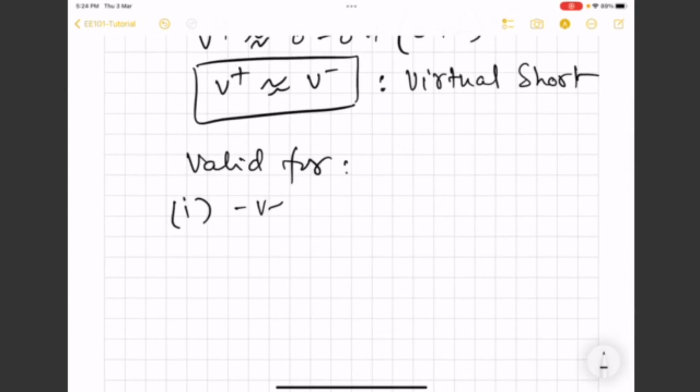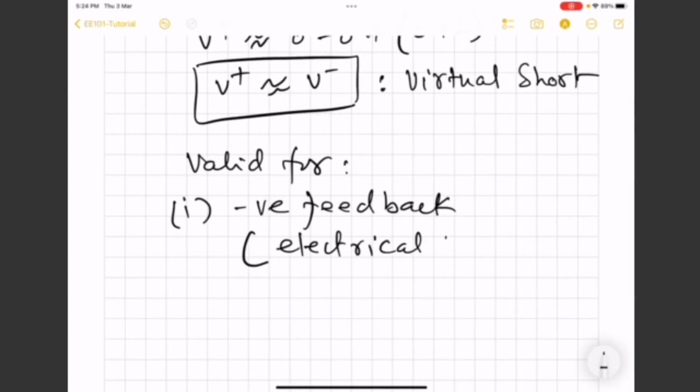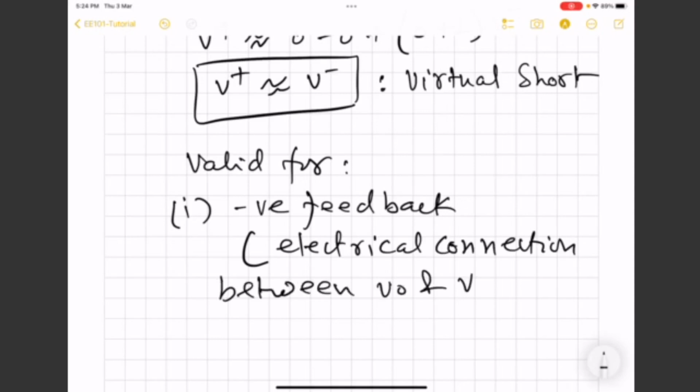And this is valid for, first, negative feedback. That is, there should be an electrical path for current to flow between output and V minus.